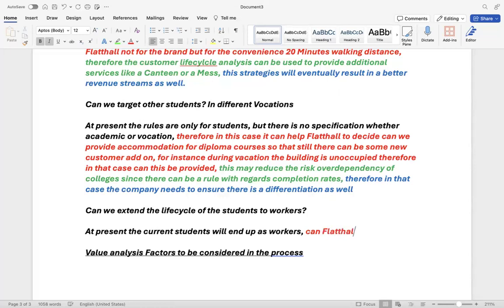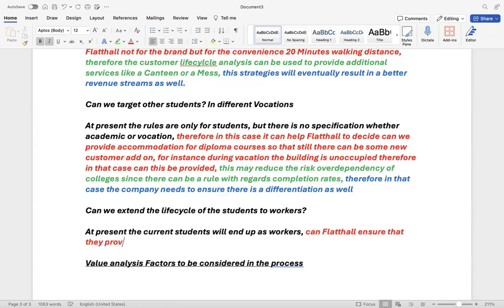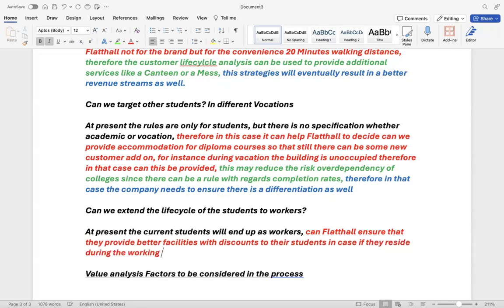Can Flatthall ensure that they provide better facilities with some discounts to their students, in case they reside during the working tenure in a different property belonging to Flatthall?